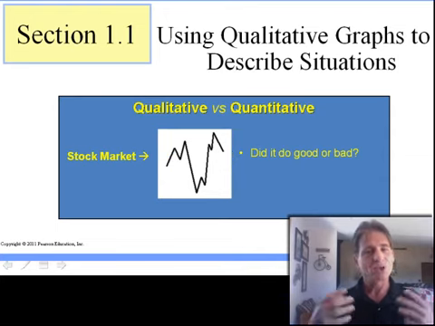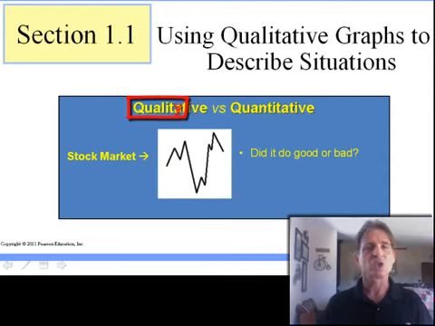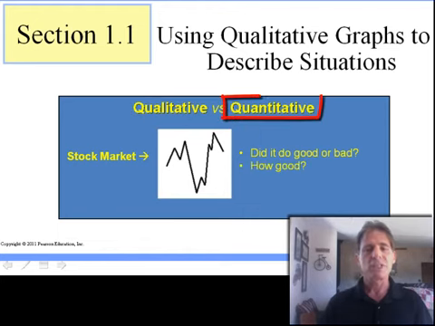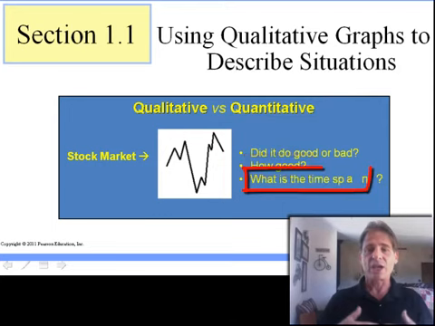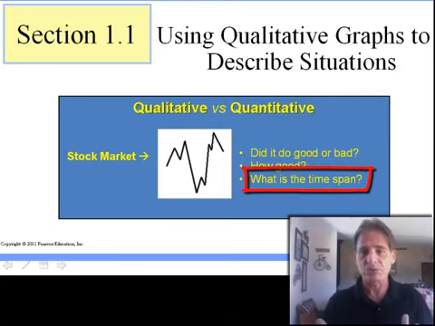That's a question that has to do with quality, so it's a qualitative graph or sketch. Now, if I wanted quantitative, it would need to be able to answer questions like, how good did it do? Well, I don't know. What's missing? It would have to be able to answer questions like, what was the time span?